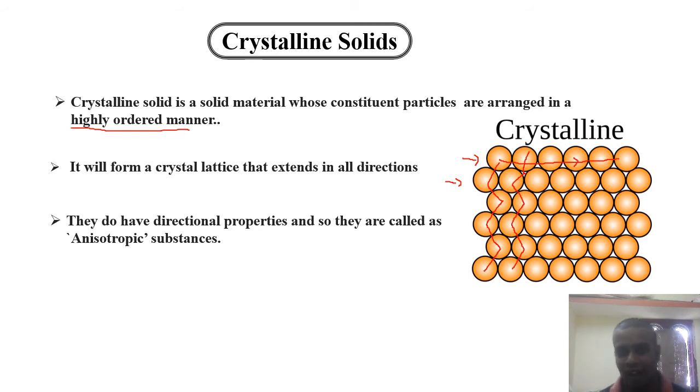What do we mean by anisotropy? Suppose this crystalline solid is used as a conductor for its conducting property. If you measure the current in the x direction, the conduction current IC will be different from the current measured in the y direction.